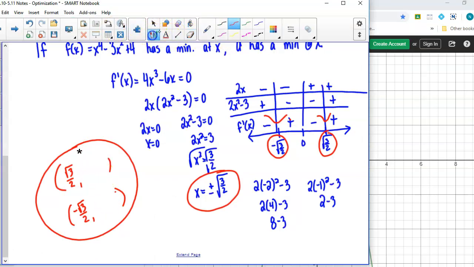So we would say y equals 4 minus square root of 3 over 2 squared. So 4 minus 3 halves, which is going to give you 5 halves. And it's going to be the same even if that's negative.